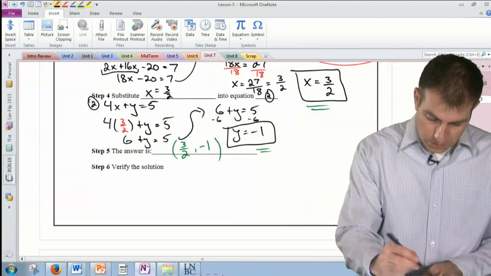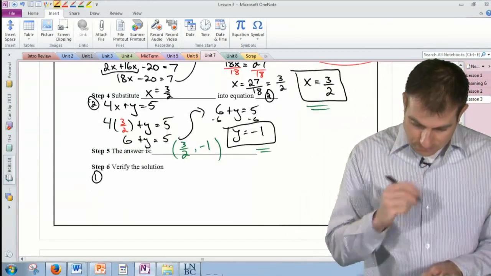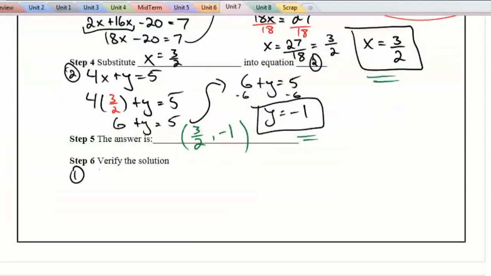Okay, let's start with equation number 1, which was 2x minus 4y is 7. My x is going to be 3 over 2, and my y is negative 1. So I have 2 times negative 3 over 2 minus 4 times negative 1.